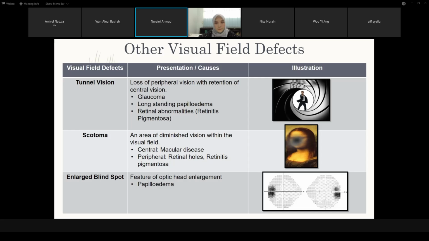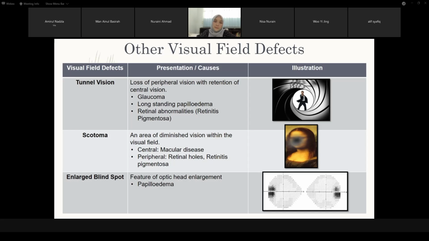So kalau enlarged blind spot, dia punya causes adalah features of optic head enlargement. Sebab tadi saya cakap blind spot ni adalah light ray yang jatuh on optic disc. So bila makin besar optic disc tu atau optic head tu, makin besar lah kita punya blind spot. Contoh disease dia papilloedema. Okay.